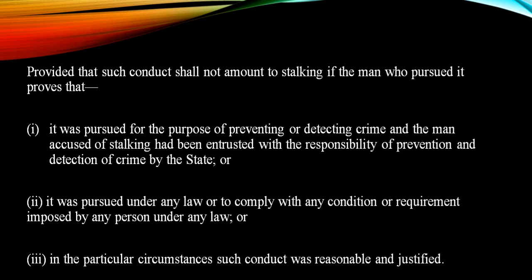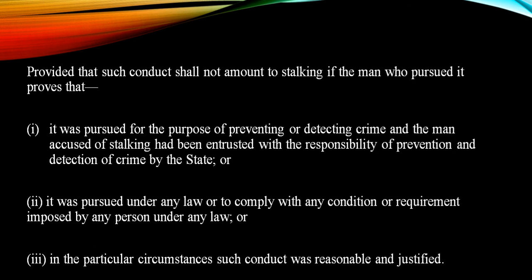And of course, in the particular circumstances, such conduct was reasonable and justified. Even if the whole scenario is taking place and it was not required for him under that investigation to commit stalking, then he will not be protected. Only when the conduct was reasonable and justified will the man be protected under this section.